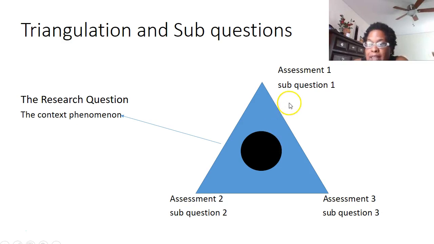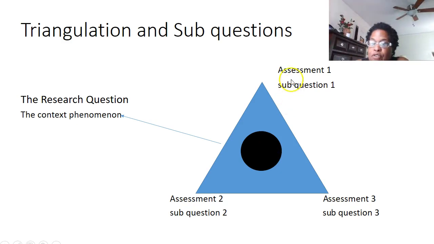Right in the beginning, as you're planning your sub-questions, those sub-questions are essential because they connect to the assessments that we will then use in our procedure when we move forward to test and investigate the research question. Do you see how all those pieces come together?